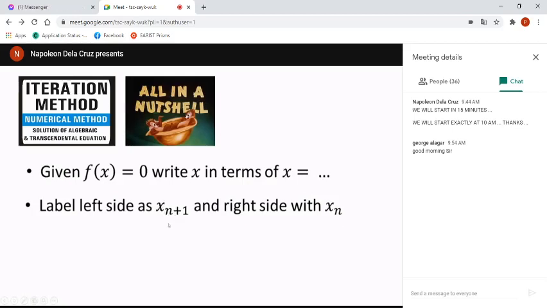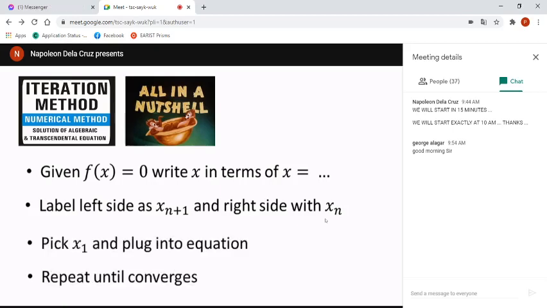So therefore, the next trial has something to do with the first trial, the preceding trial. Pick x1 and plug into equation. Repeat until converge. Yan lang ang importanteng bagay na pagtatandaan natin.